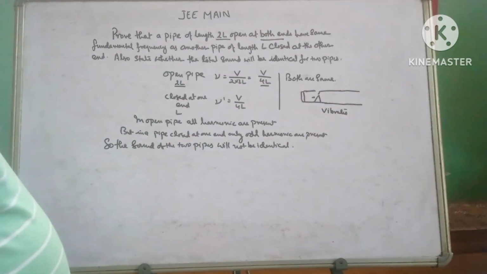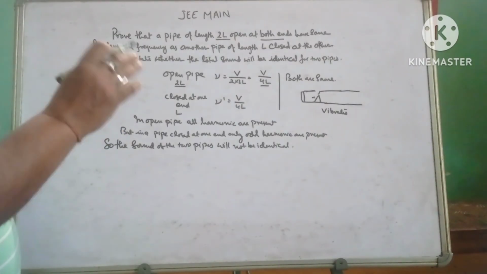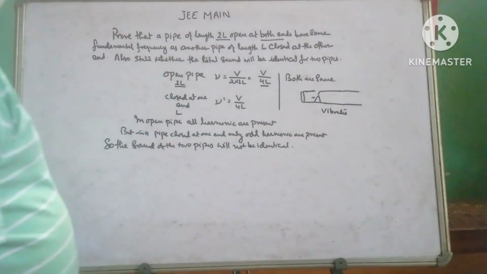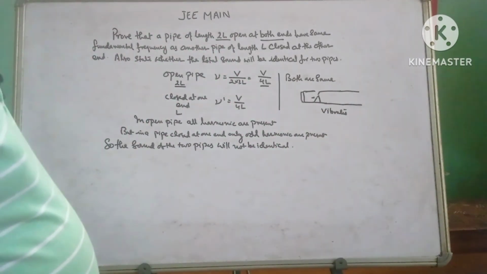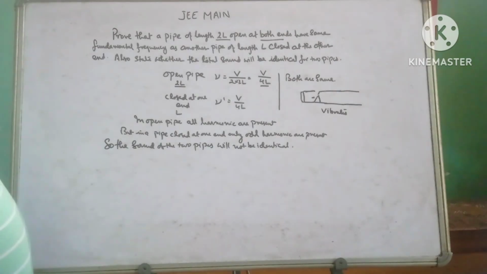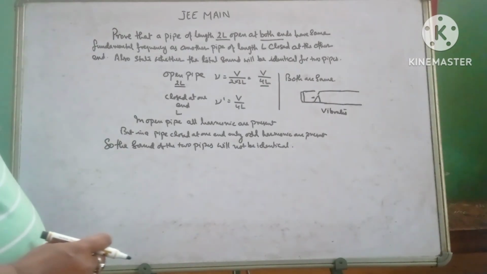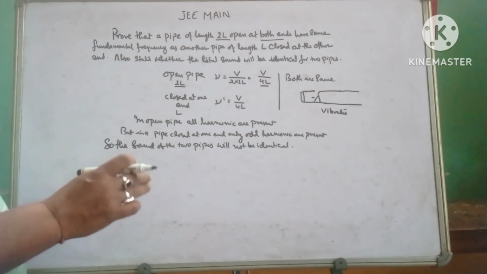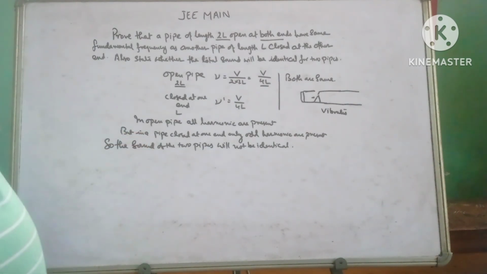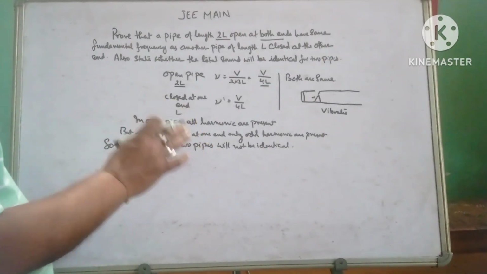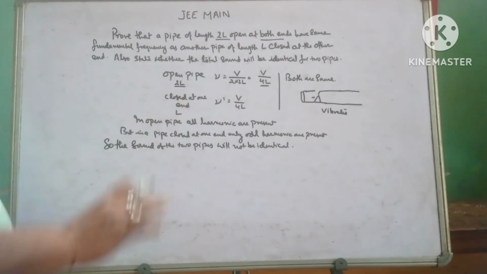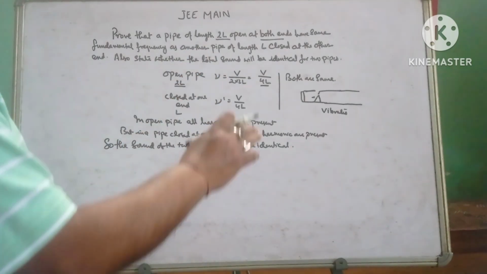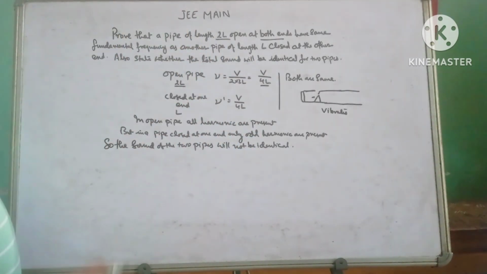Now, the next question is that the sound must get reflected, but here you see this is open. So what I want to tell you is that a student while studying it must think about how the sound gets reflected. We just take it for granted that since it is given in the book, it produces stationary waves and the sound gets reflected.